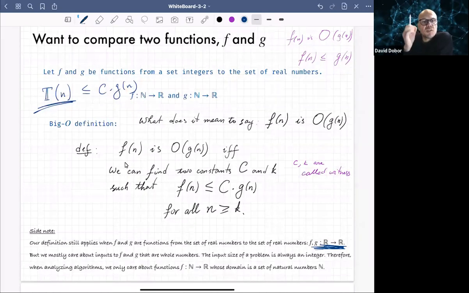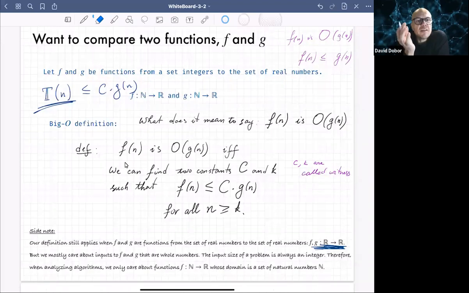But our f of n, since you brought this up, is the runtime of the algorithm. It's normally not a pretty looking function. So you implement a particular real world algorithm, and you'll have just some ugly looking function. What you want to do is to somehow call that ugly looking function something much simpler.